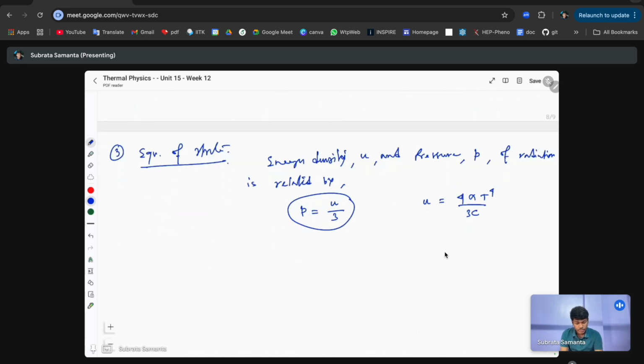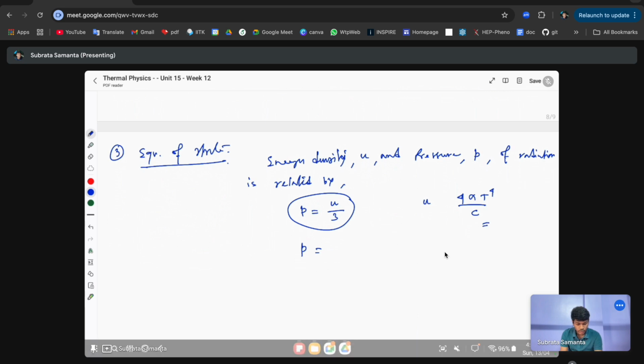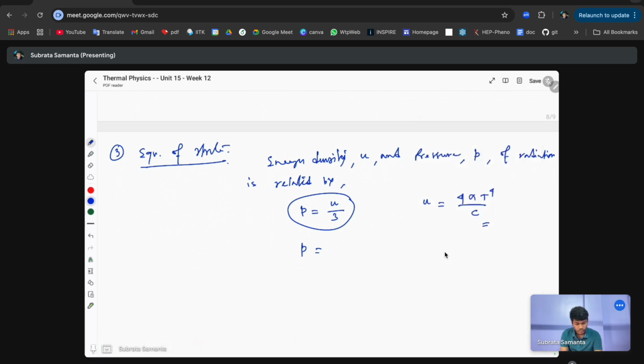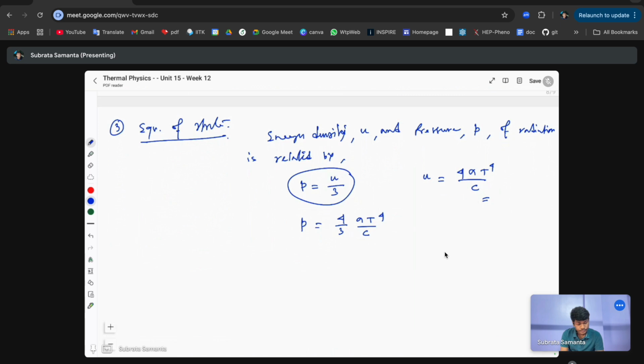Then the pressure is small p equals 4 sigma T to the power 4 over 3c.